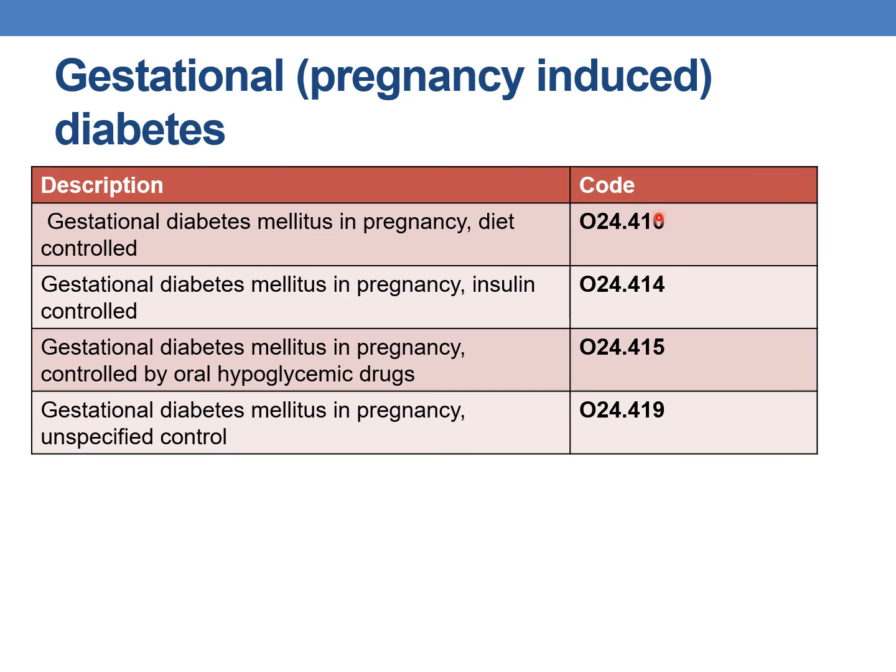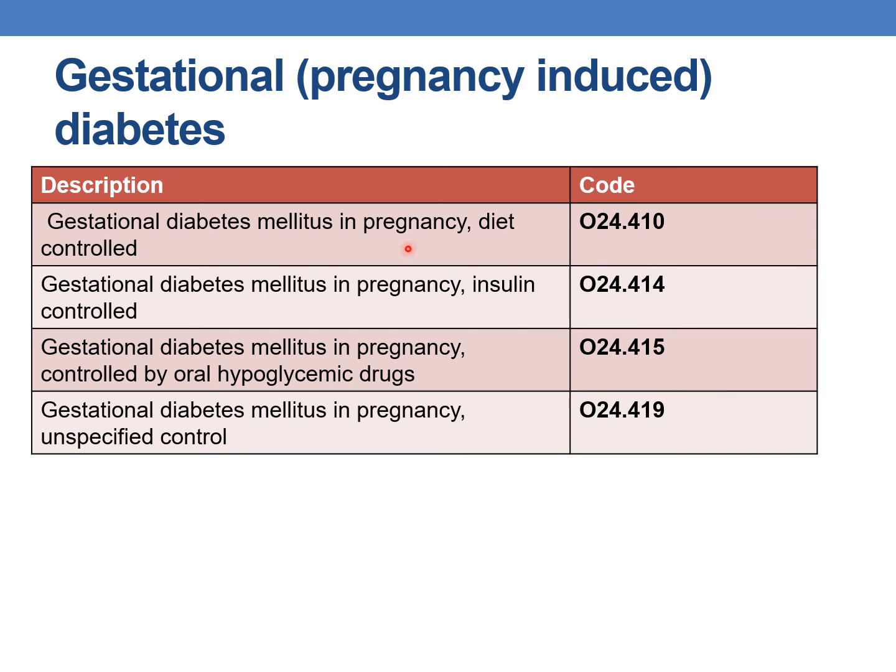Here, the sixth character indicates the control: 0 if it is diet controlled, 4 if it is insulin controlled, 5 if it is controlled by oral hypoglycemic drugs. Gestational diabetes in pregnancy, unspecified control is indicated by 9.